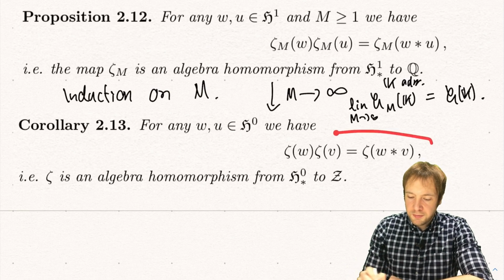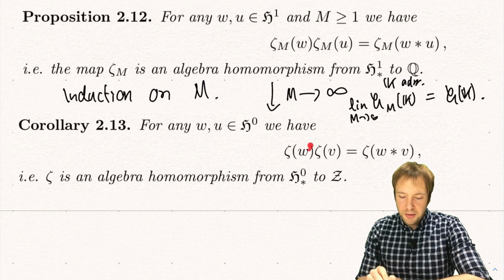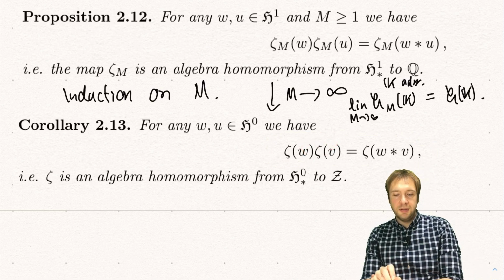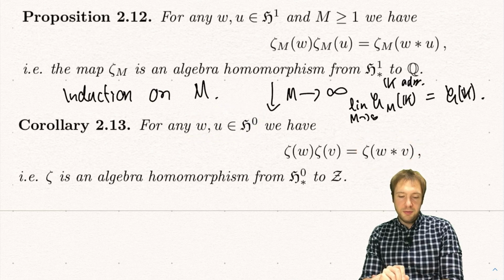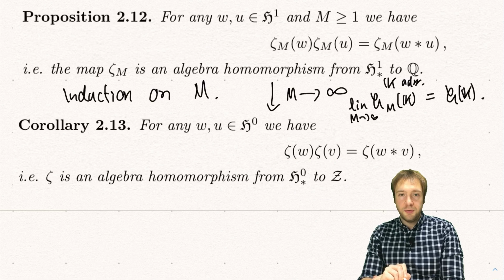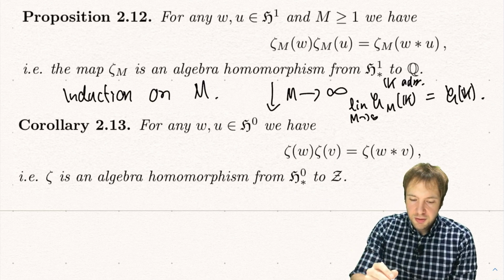So we get the statement that the product of two multiple zeta values for some admissible words in H0 is just given by zeta of the stuffle of these two words. So in other words, we get an algebra homomorphism from H0 to Z.